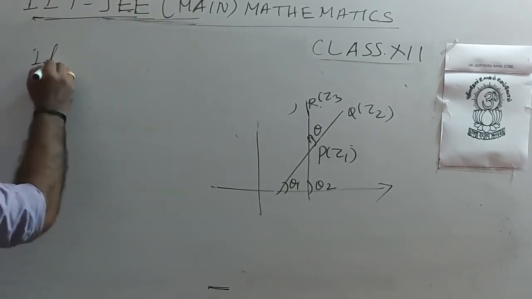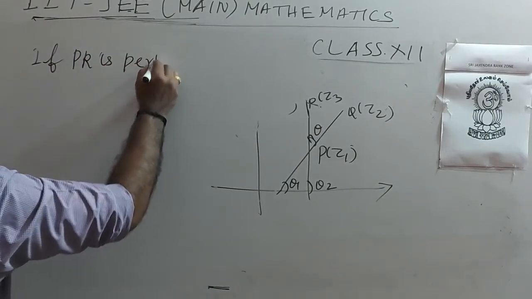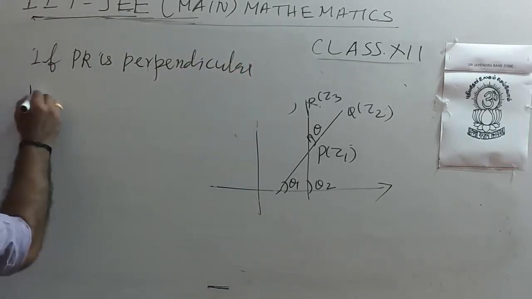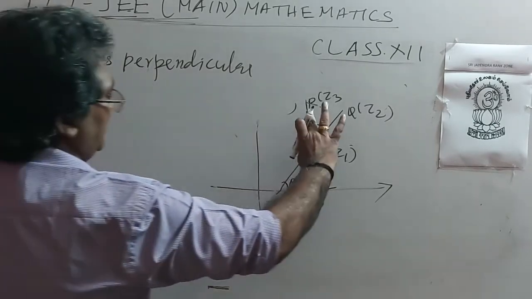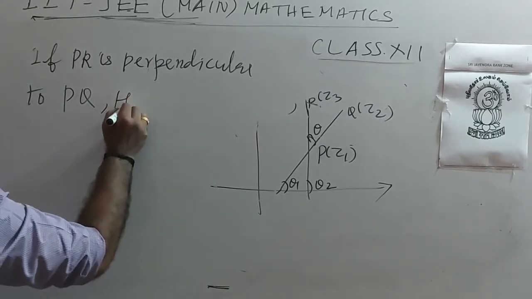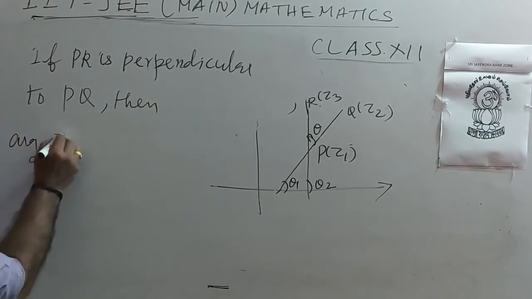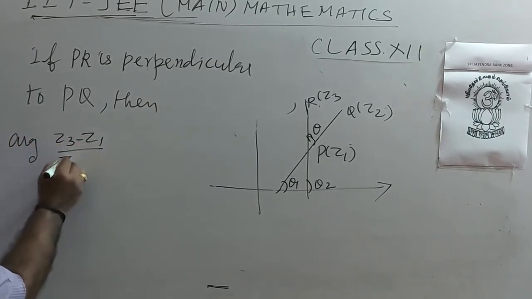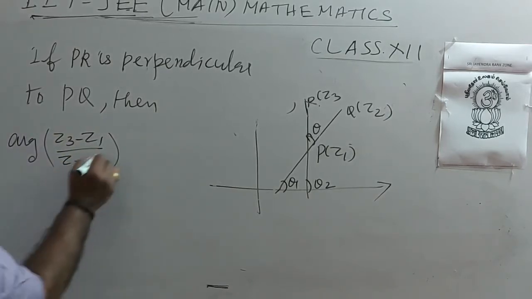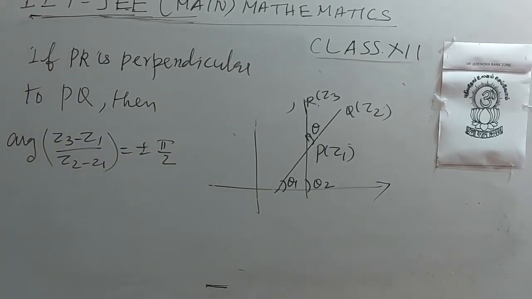If PR is perpendicular to PQ, then argument of Z3 minus Z1 divided by Z2 minus Z1 equal to plus or minus pi by 2.